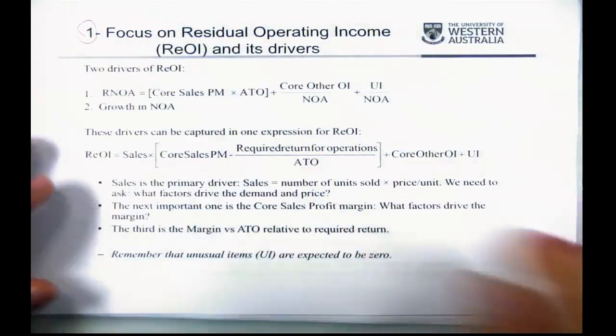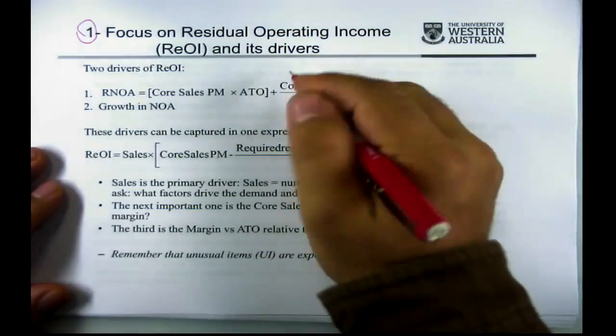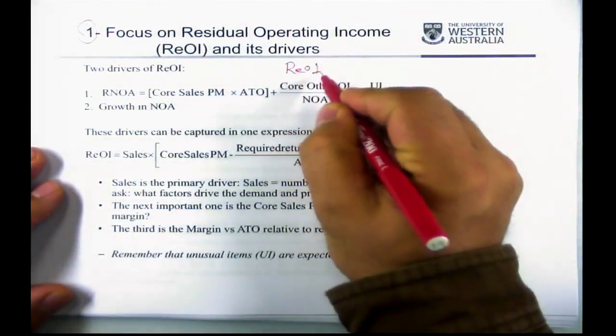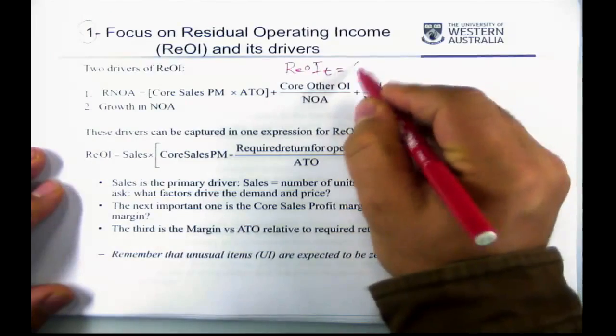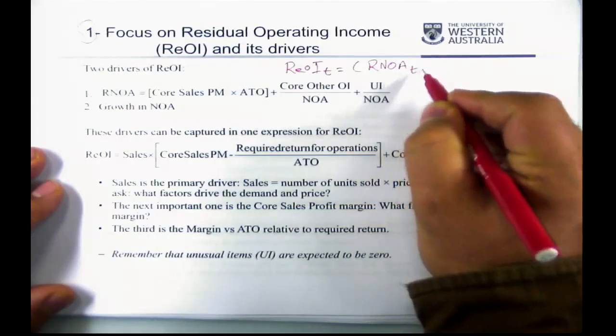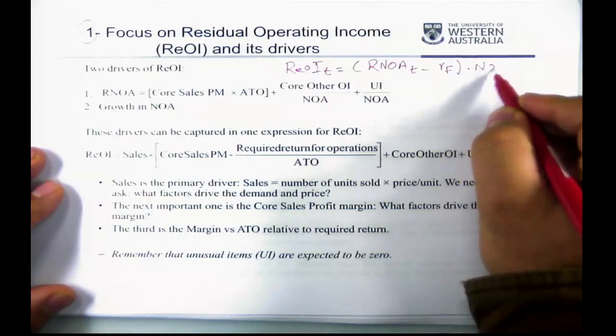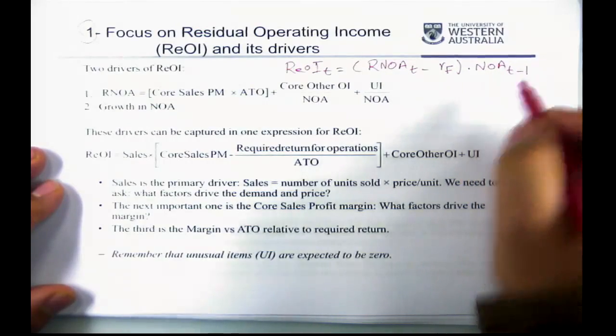Focus on the residual operating income and its drivers. Remember, the residual operating income at time t is equal to the difference between the return on net operating assets at time t and the cost of capital times the net operating assets at time t minus 1.